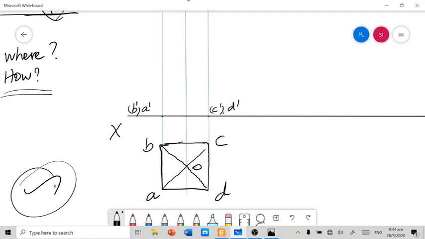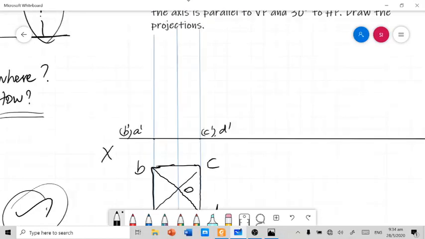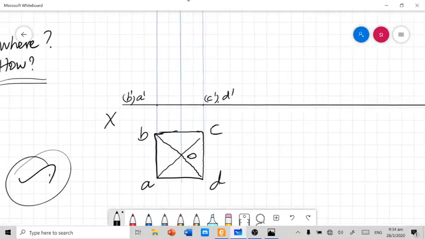The solid axis height is given in the problem as 65 mm.